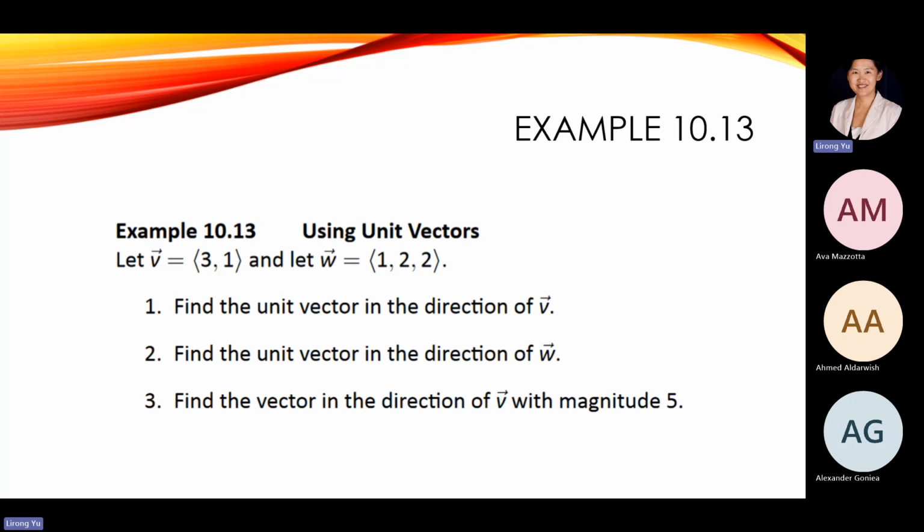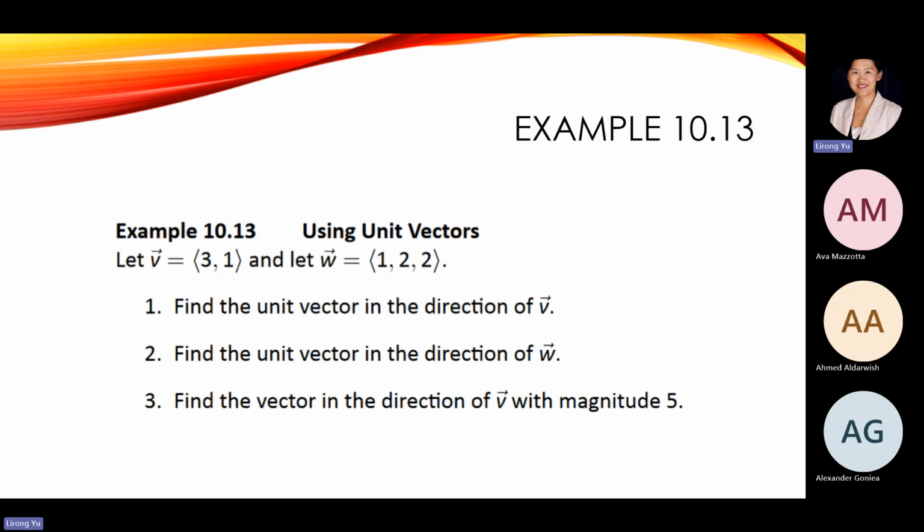Right, the last question: find the vector in the direction of v with magnitude 5. Once you have the magnitude equal to 1, all you have to do is multiply by 5. So for v = (3, 1), the unit vector will be 3 over root 10 and 1 over root 10.